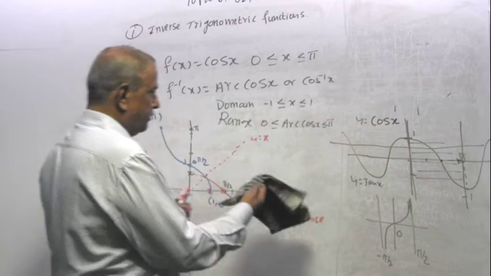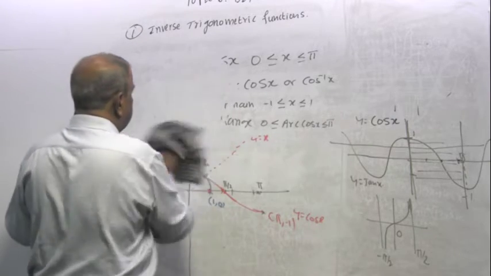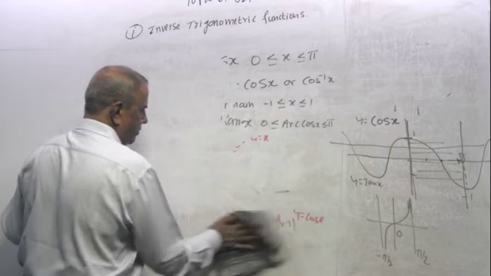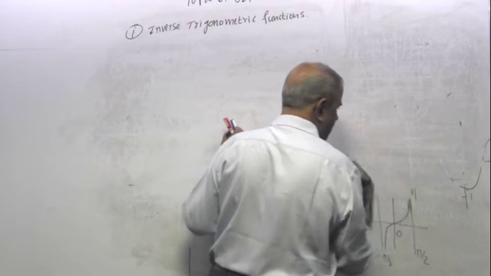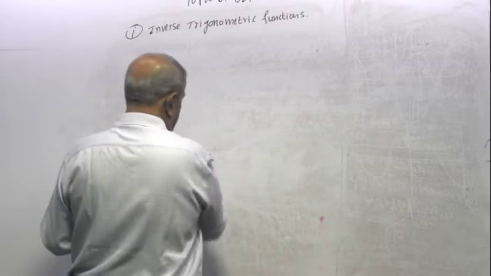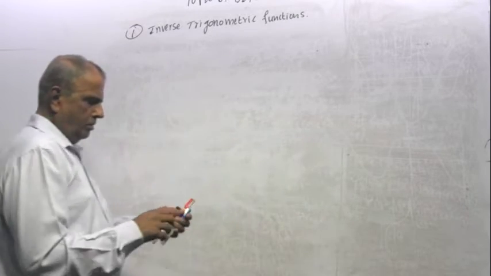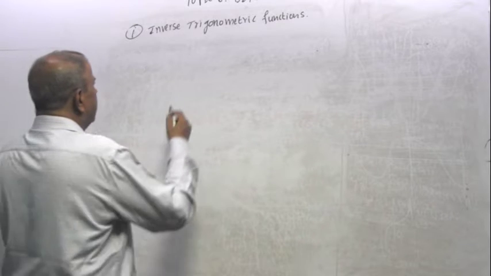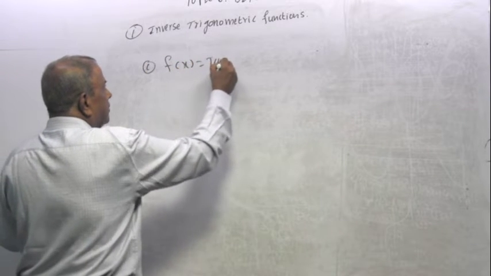Well, you know the graph of tan x, so I'll just show you the graph of tan inverse as well. Part C is f of x equal to tan x.